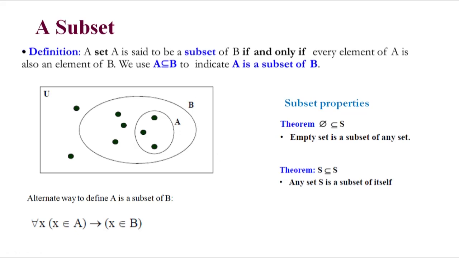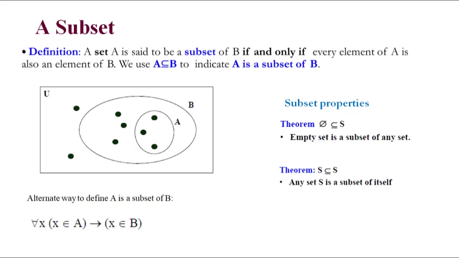The null set, the empty set, is a subset of any set, and every set is a subset of itself. S is a subset of S.